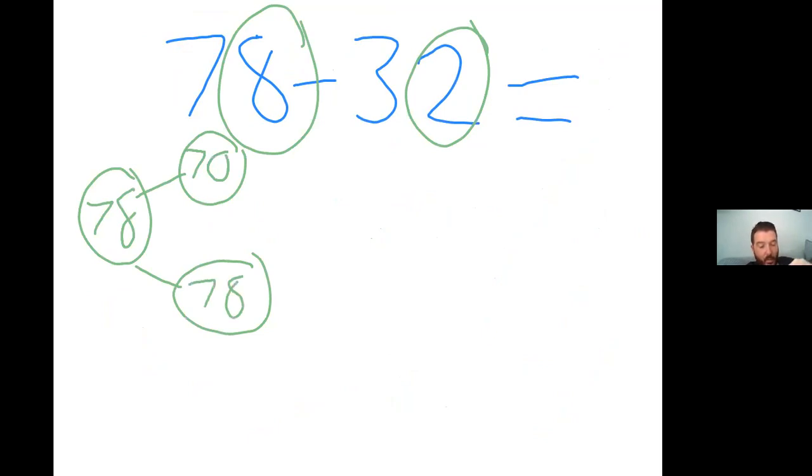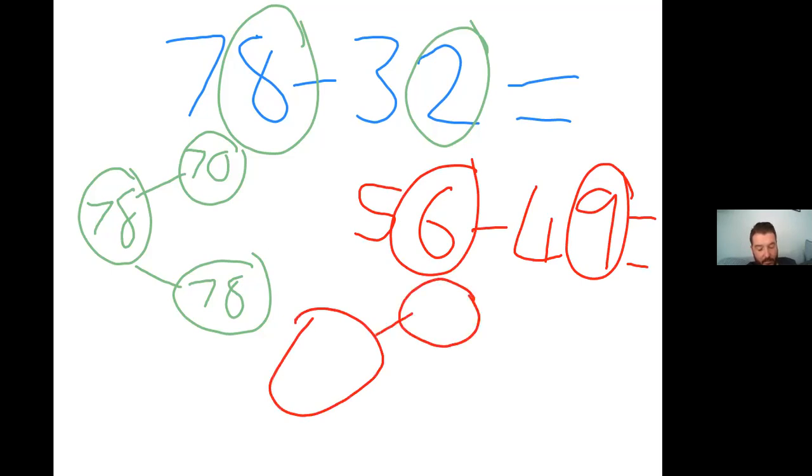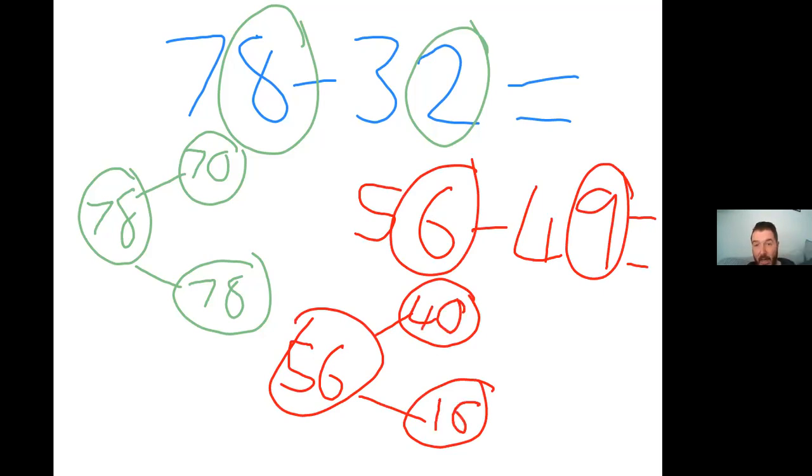If we have one where, for example, this one, 56 take away 49, the 9 is bigger than the 6, isn't it? So when I do my partition, to make sure I can take away 9, instead of doing it as 50 and 6, I'm going to take 10 off to make that 40 and add that 10 to the 6 to make 16. I've still got 56, but I've done it a different way. Then I can definitely take away 9 from 16, can't I?